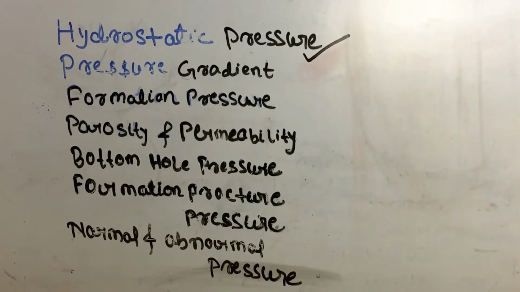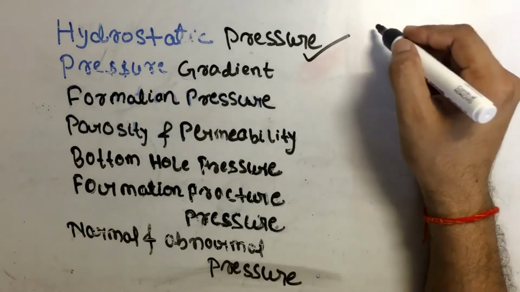Understood? That means if the pressure gradient is known, we can easily calculate hydrostatic pressure at any depth by multiplying the depth at which hydrostatic pressure is required by the pressure gradient. I am going to write here the formula of pressure gradient.